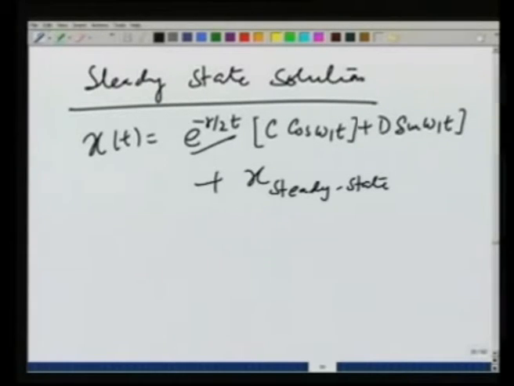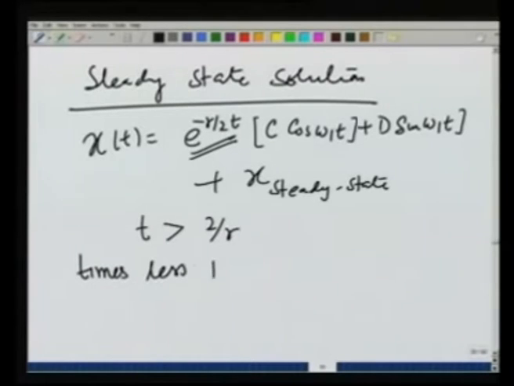So, this factor really makes the homogeneous solution go down for times greater than 2 over gamma. For times less than, say, 1 over gamma, we are going to have significant contribution from this solution also.